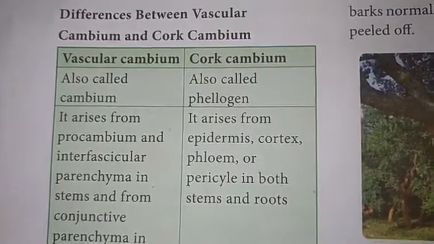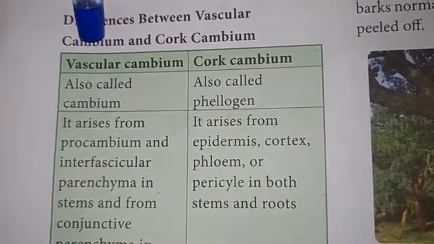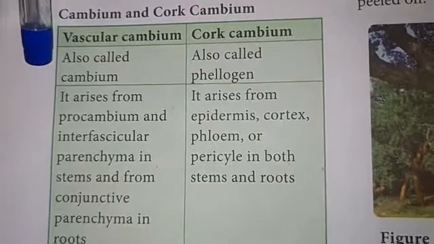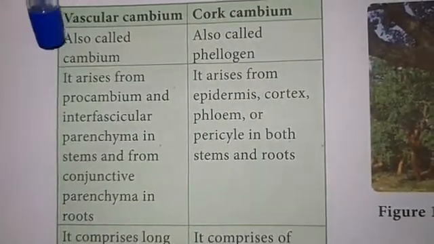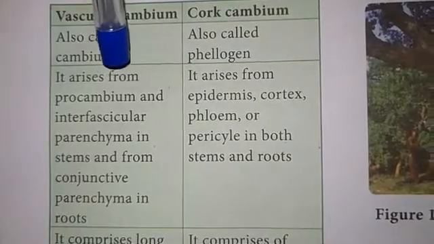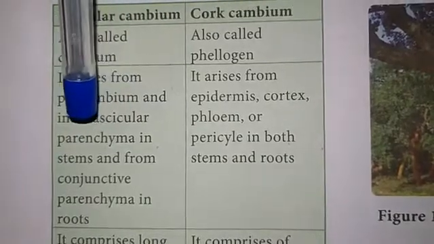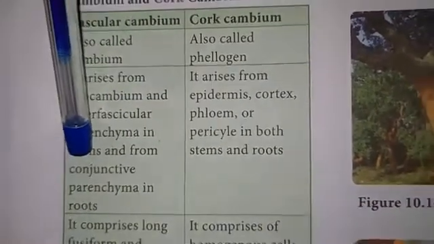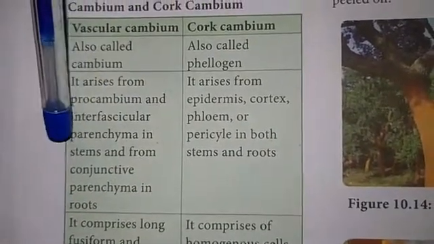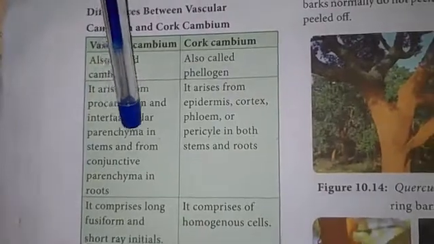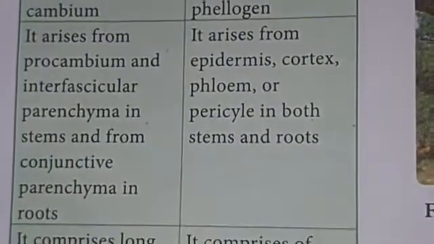The next topic, difference between vascular cambium and cork cambium. Vascular cambium is also known as cambium, whereas cork cambium is also called phellogen. Vascular cambium arises from procambium and interfascicular parenchyma in stem, and forms conjunctive parenchyma in root. So it forms the interfascicular cambium, parenchyma in stem and conjunctive tissue in roots.